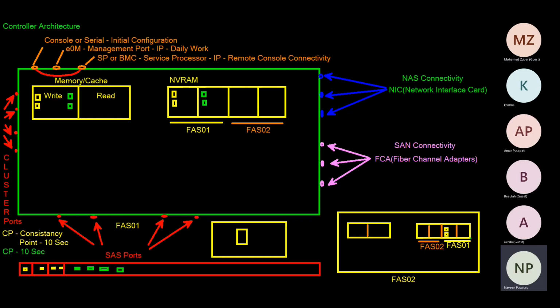The same kind of process will happen on the other controller as well. Whatever data comes into this controller will be written to this controller's memory and NVRAM, and the same way it will be stored here as well. Then why are we storing the same data in the partner controller? That is for protection purposes.